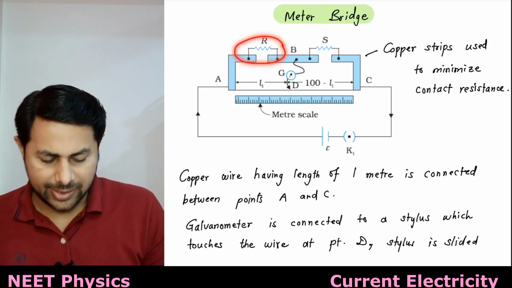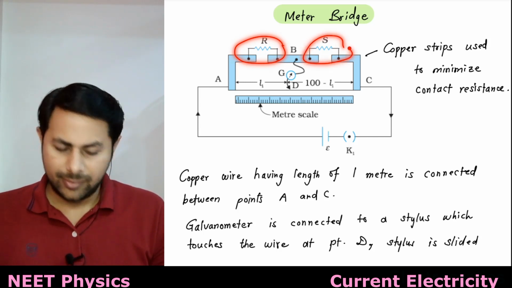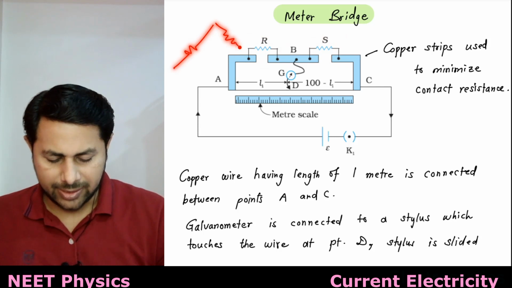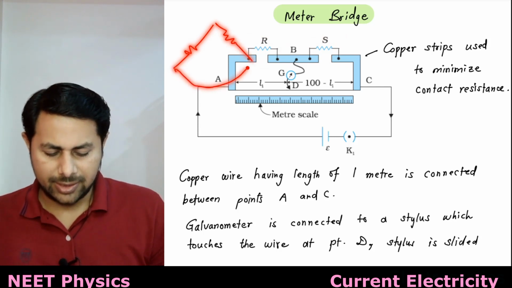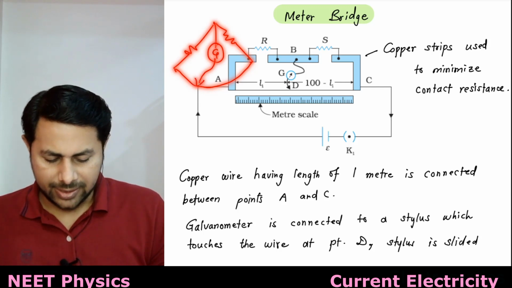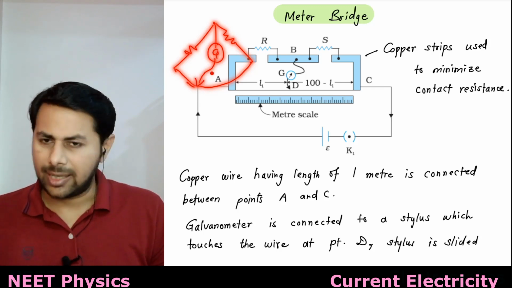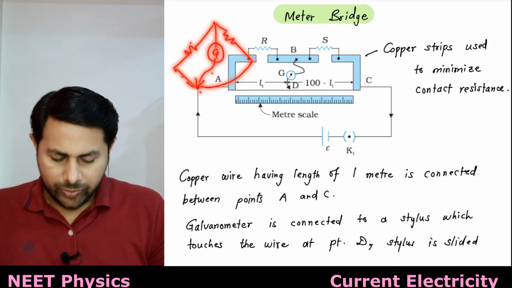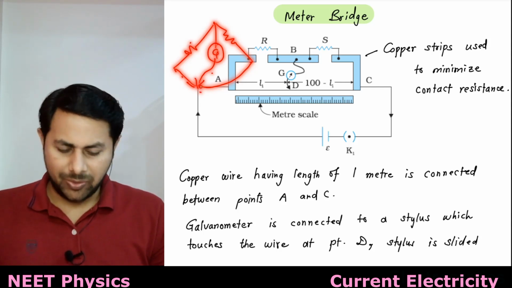Because you have this resistance and this resistance, so you can imagine them to be connected like this. This is one resistance, this is the second resistance, and this is the wire. You have the galvanometer, and you are sliding this stylus till the current in the galvanometer becomes 0, right? So it means that this is now a balanced bridge network.